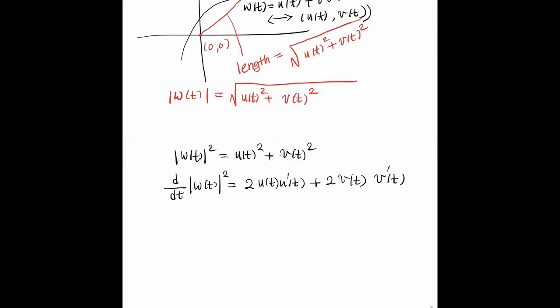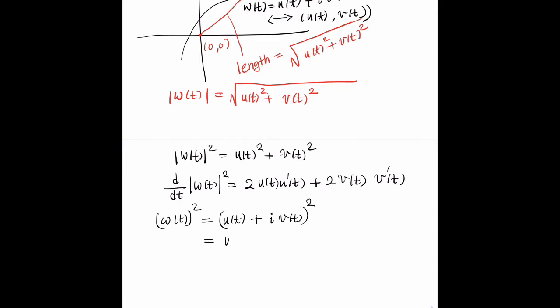And also, let's compare with the following one. We are computing w(t) squared. So w(t) squared would be (u(t) plus i times v(t)) squared, and then you expand this out.